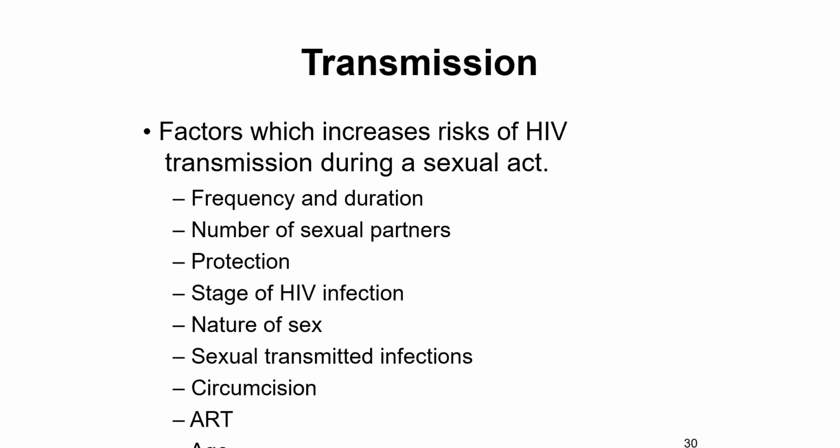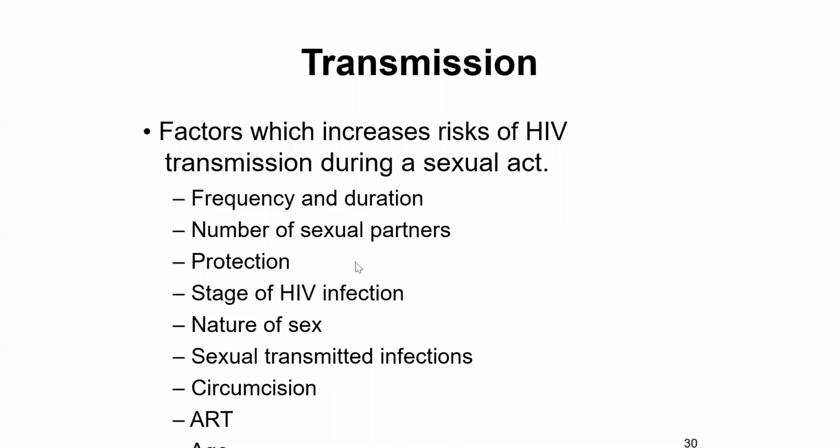Then sexually transmitted infections also increase the risk, especially those which are ulcerative. Circumcision reduces the risk. Then if you're on ART, it means your viral load will be reduced, so the risk of transmission becomes lower.